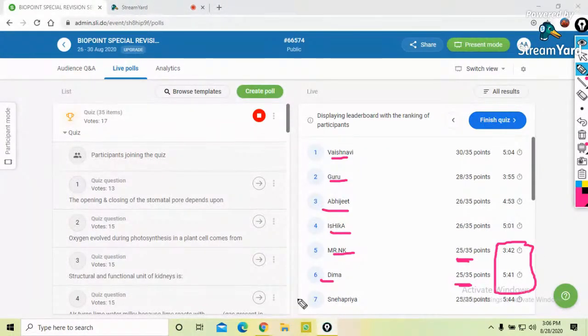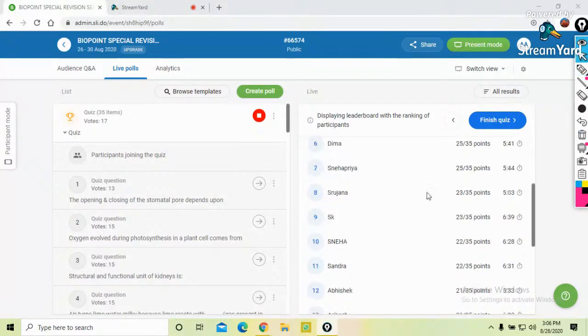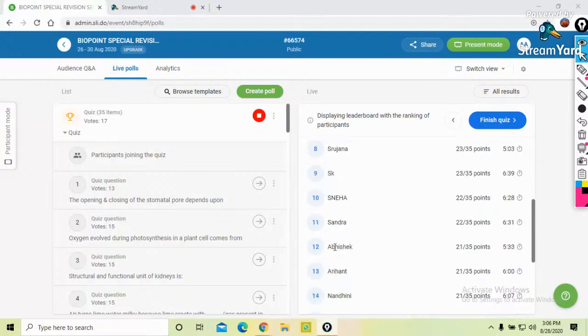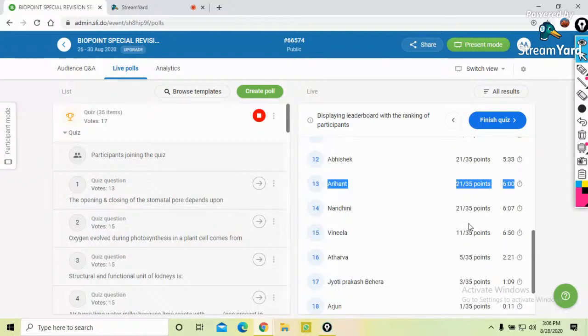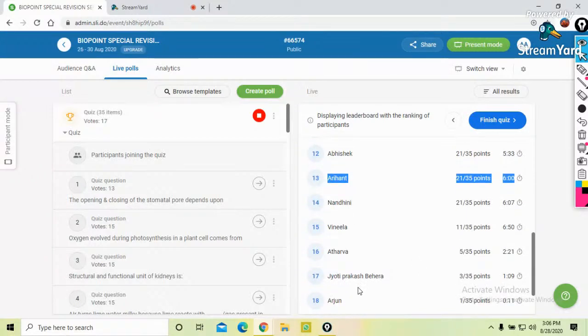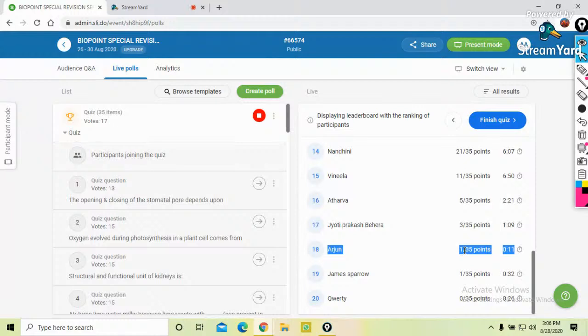Then Sneha Priya, Srujana, SK Sneha, Santra, Abhishek. Arihant, why 21 on 35? Don't know. Nandini, Vinila, Adarva, Jyoti Prakash. Arjun, why 1? I think you were just commenting on YouTube.